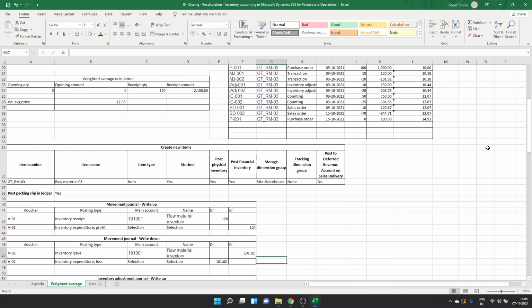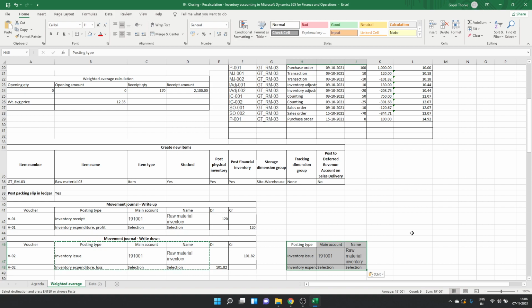So this was the inventory transaction which was posted. Now let me copy this here. Debit, credit. So what will happen?